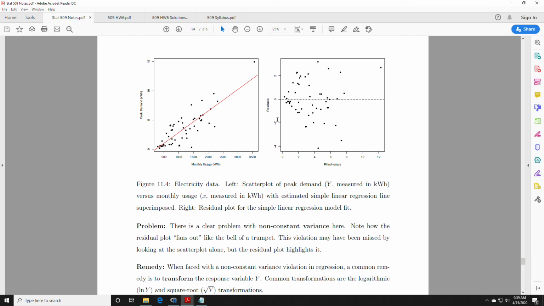For this course, I mostly just want you to understand what the assumptions are, and, using the two plots, the residual plot and the QQ plot, how you can check whether the assumption is satisfied or not. Okay, so in a case like this, there's a couple things you can do.